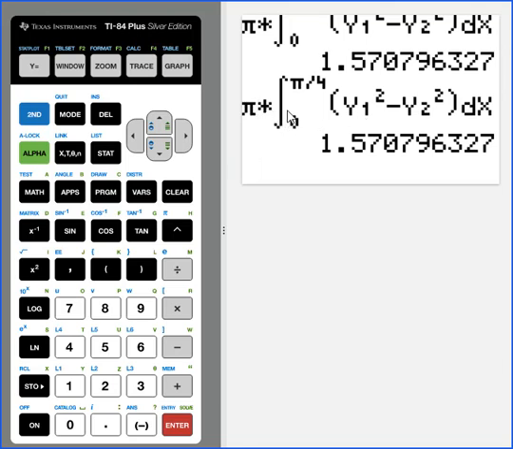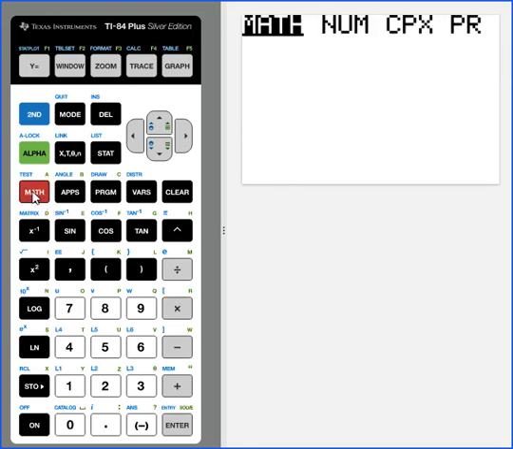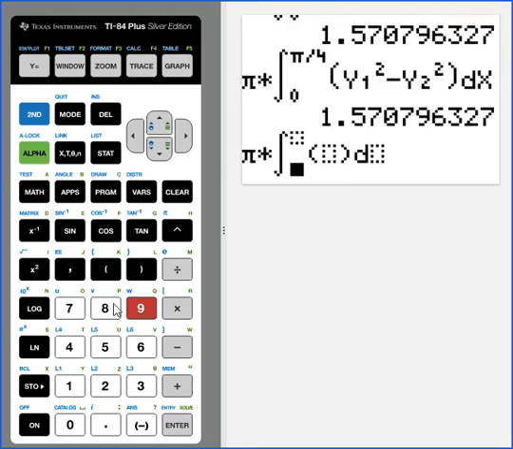Pi outside is preferred. If we don't use y1, y2, check what's going on. Do pi times, then math 9 from 0 to pi divided by 4.